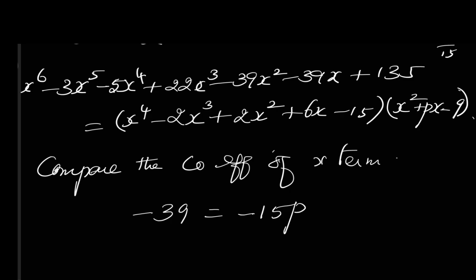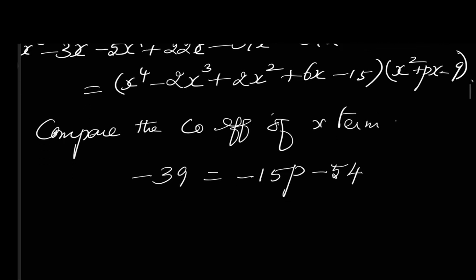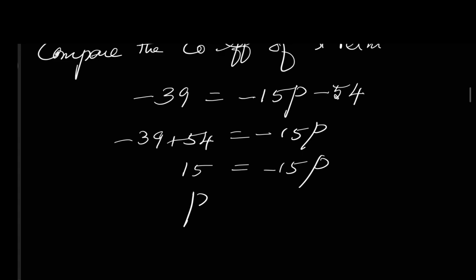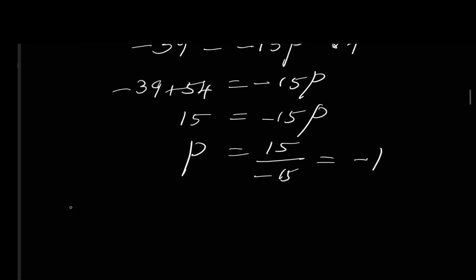And the constant minus 9 multiplied with the x term 6: 9 sixes are 54, minus 54. Now simplify: minus 39 plus 54 is equal to minus 15p. So 15 equals minus 15p. So the value of p is 15 by minus 15, that is minus 1.